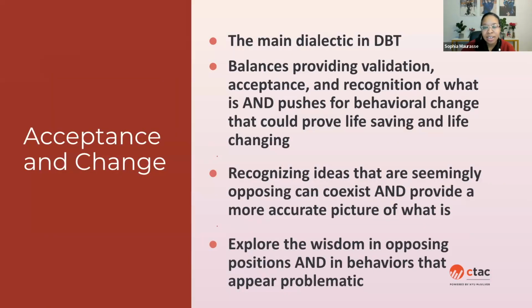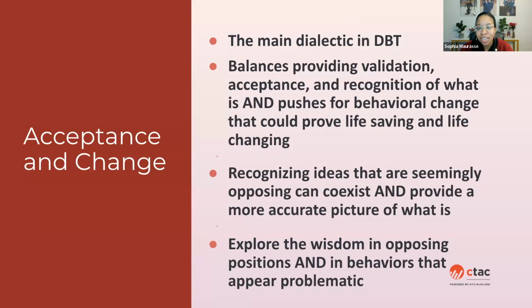So back again, this main dialectic in DBT is finding that balance between acceptance and change. So even in considering environmental changes, environmental interventions could be quite validating for the patient, right? It's recognizing the patient's having a very hard time right now. They need more support.